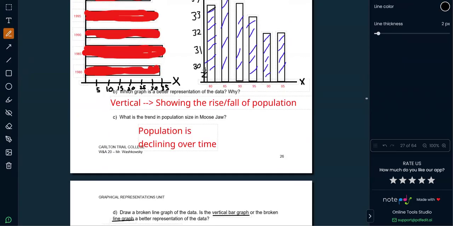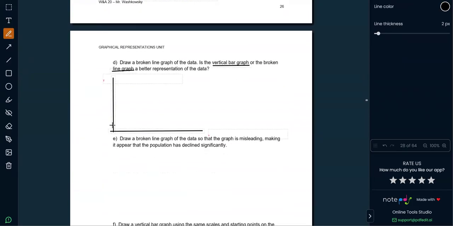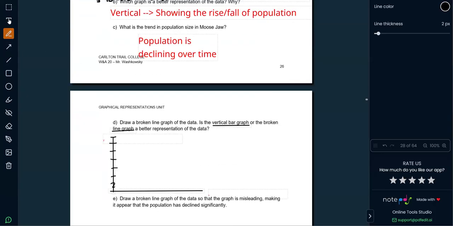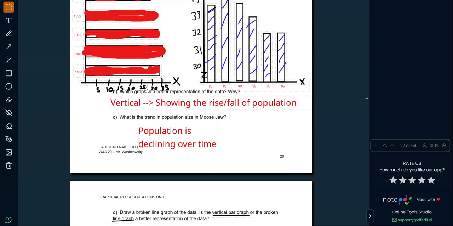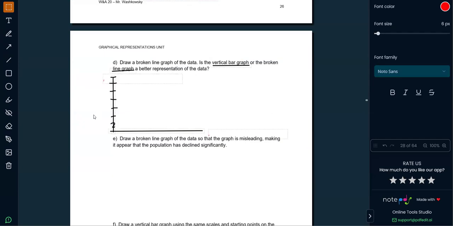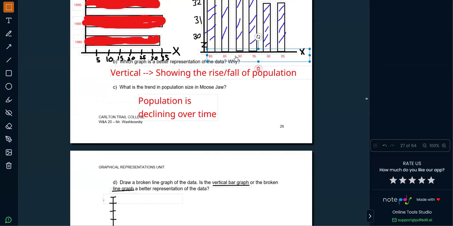Now for our vertical one, we did the squiggly one here. We're going to do the squiggly one here as well. We're going to start at 30 again. So I'm going to go with 30, 31, 32, 33, 34, and 35. I'm going to copy this and bring this down here. Nope, not going to let me.